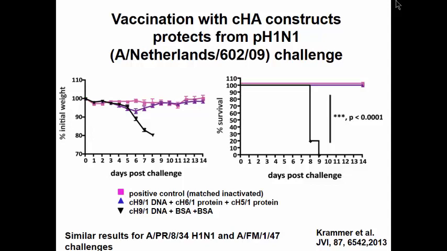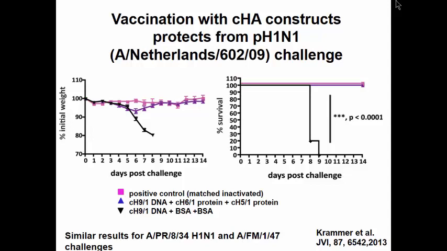the Netherlands. So on the left side, we have the weight curve for mice, and the dark blue here is the vaccinated one, and we get basically very little weight loss, which suggests that the mice are very protected.